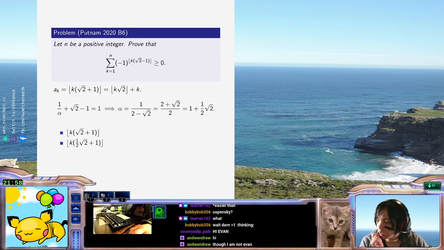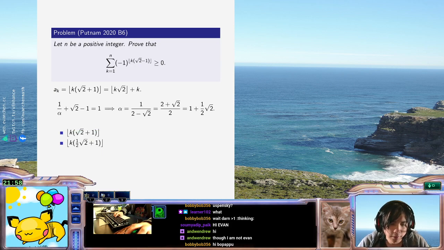Yeah, like I'm looking at this and I'm seeing the fact that this alpha, we'll call them alpha and beta. How about that? So we'll call alpha k root 2 plus 1, or root 2 plus 1. And we'll let beta equal root 2 over 2 plus 1. So we're looking specifically at the sequences floor of alpha k and floor of beta k.